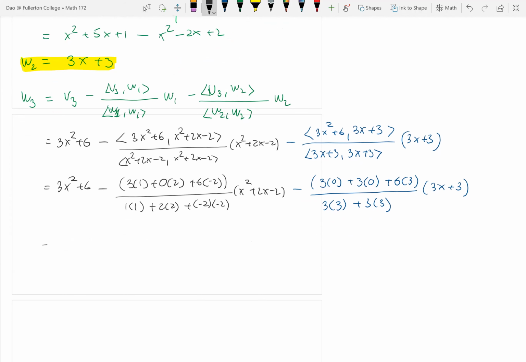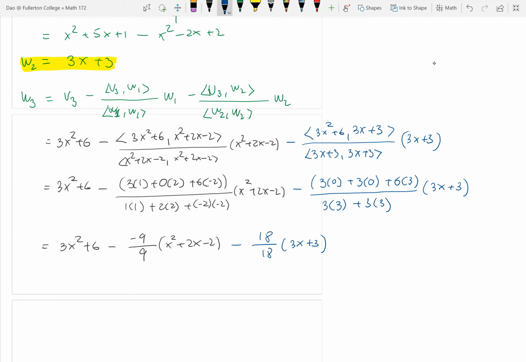So here we go. So we get 3x squared plus 6 minus what we have here. 3 times 1 is 3. 6 times negative 2 is negative 12. Negative 12 plus 3 gives us negative 9. Divided by 9, times x squared plus 2x minus 2. And then minus 18 over 18 of 3x plus 3.